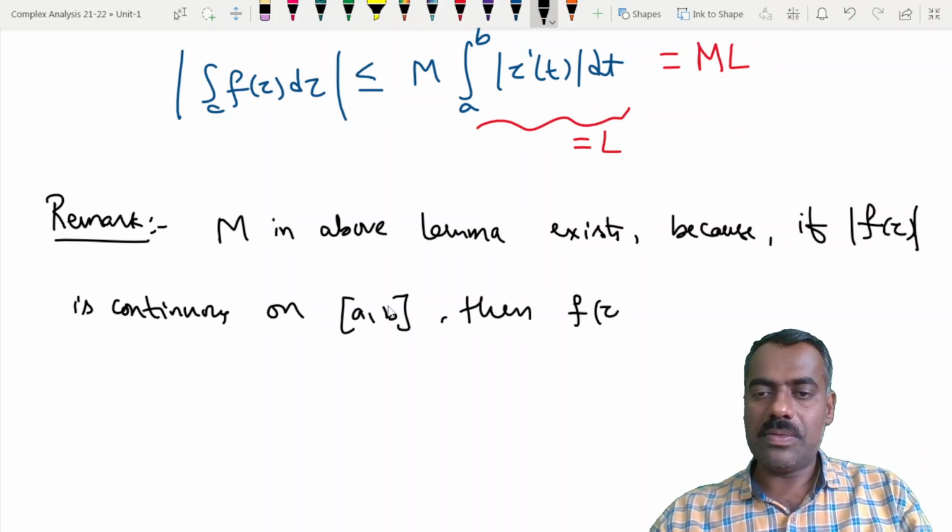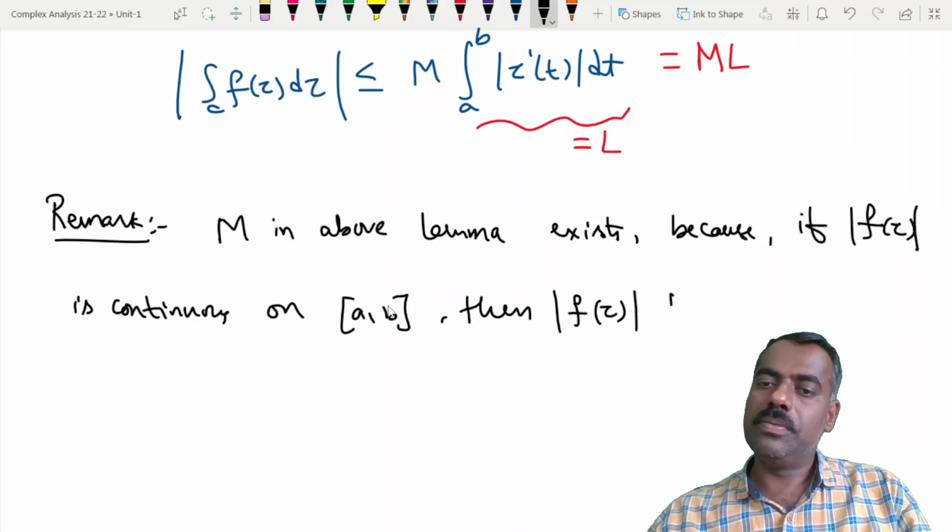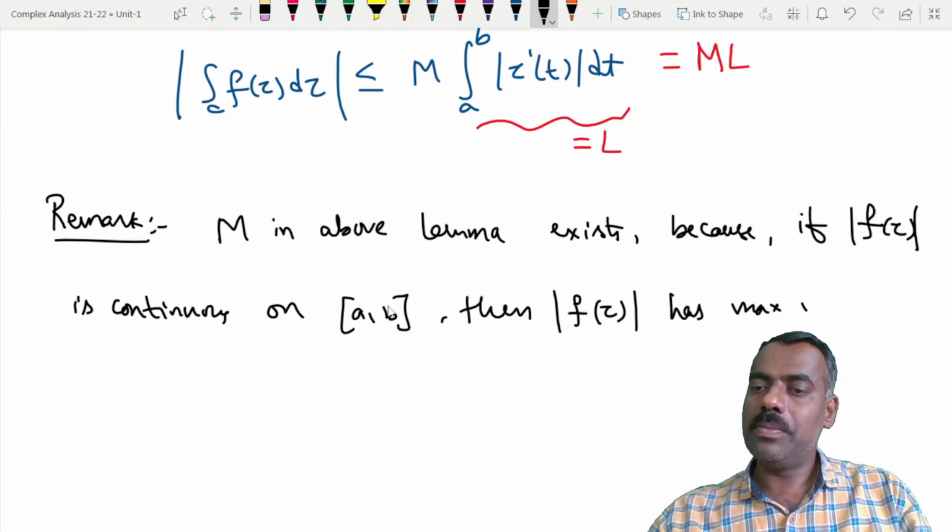Then this mod f of z has a maximum value.